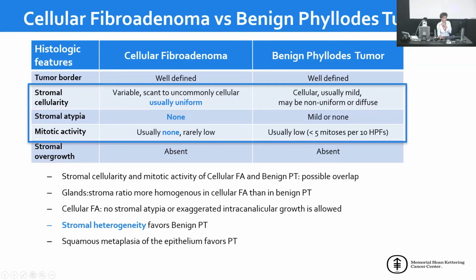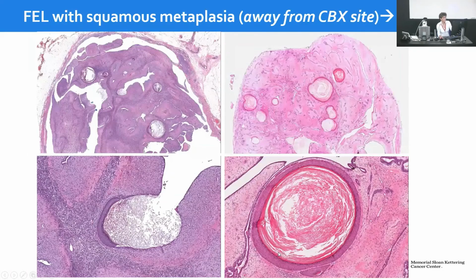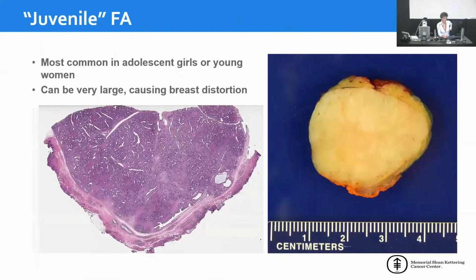But in general, it's a very difficult differential diagnosis. And squamous metaplasia away from the core biopsy site may also help. It's more common in phyllodes, found in phyllodes tumor, not really in fibroadenomas. But the differential diagnosis is quite challenging.